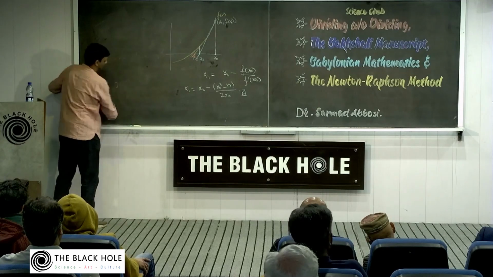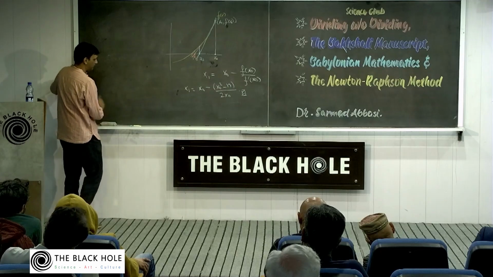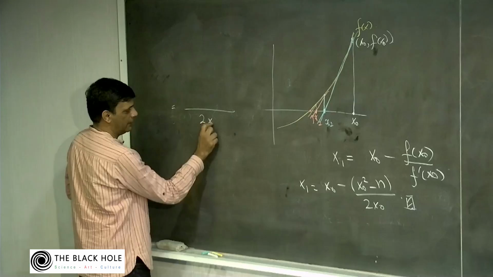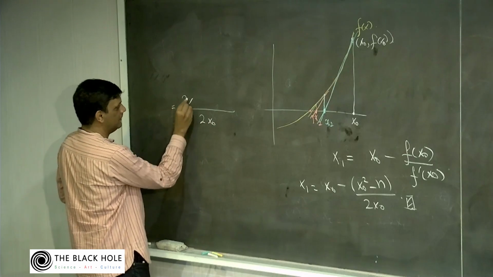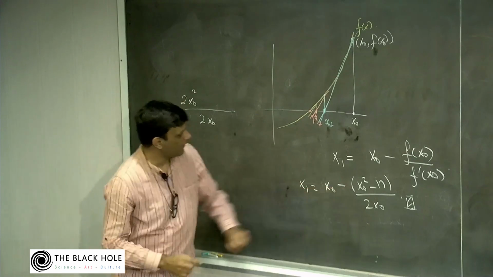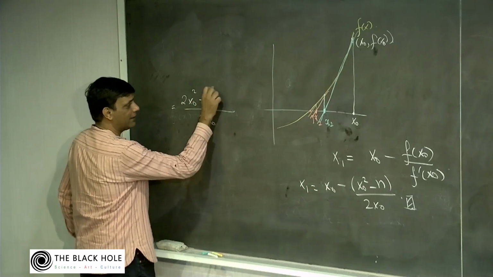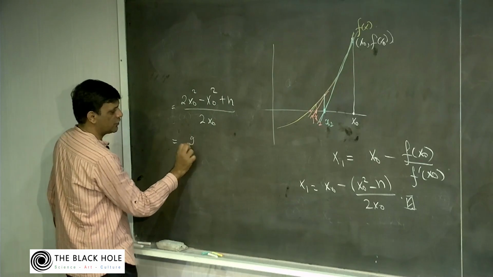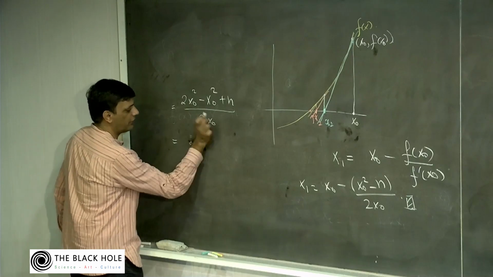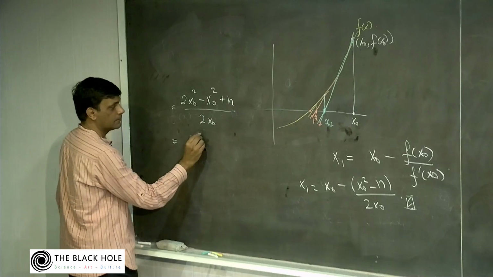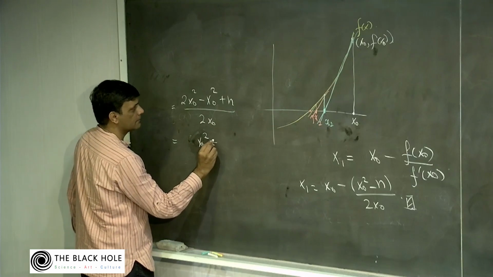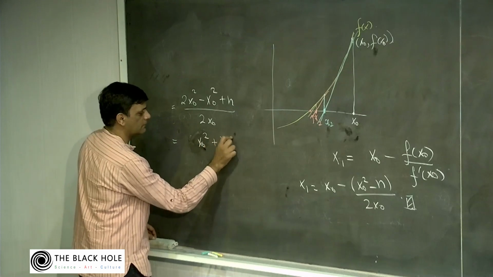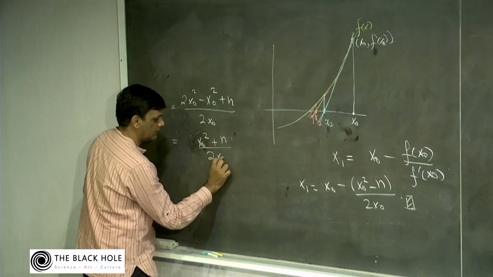So let's just do a little bit of manipulation here. Right? Please check me because I tend to make a lot of algebraic mistakes. Right? So this is 2 x naught. Oh, the 2 goes away. x naught.